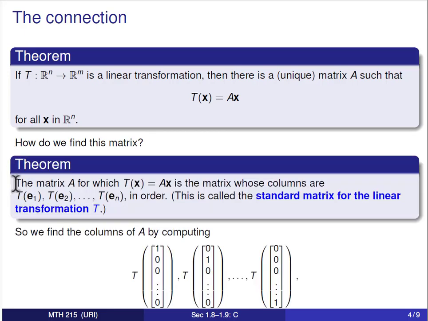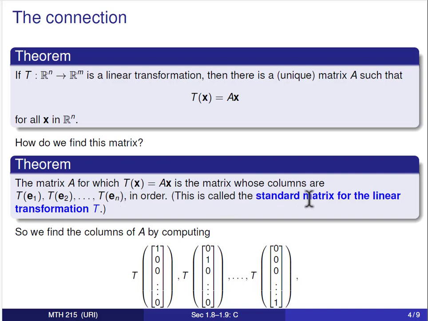And here is the answer. The matrix A that makes T of X equal to AX is the matrix whose columns are T of E1, T of E2, and so on through T of En, in order.